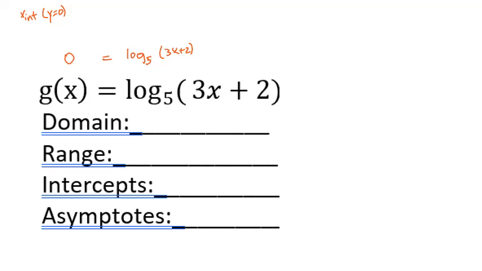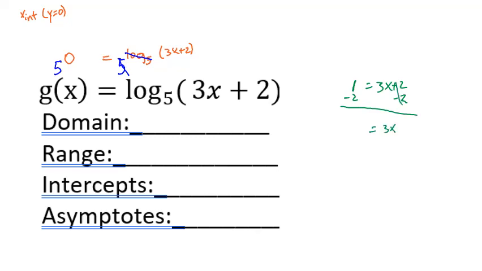Remember that we said that we could raise each side to whatever the base is. Remember, the base is 5 here. So the log base 5 and the 5 are going to cancel each other out. And that leaves us with, on the right-hand side, just 3x plus 2. 5 to the 0 is 1, and we can keep working this out algebraically to get x by itself.